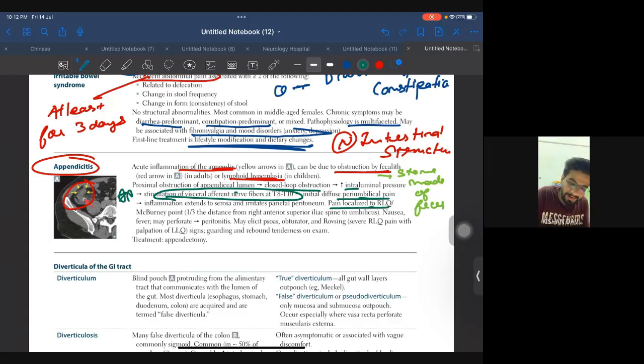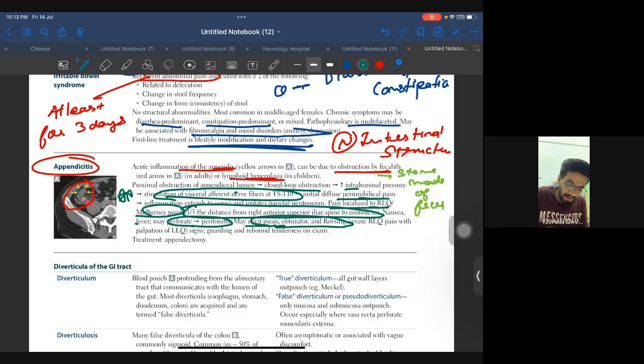Pain localized to right lower quadrant, and McBurney point is important. One third the distance from the right, and this is important. Nausea, fever, may perforate, peritonitis can occur, may elicit psoas, obturator, and Rovsing sign. Okay, and guarding and rebound tenderness. So instead of these signs, in place of Rovsing sign they will give severe right lower quadrant pain with palpation of left lower quadrant.